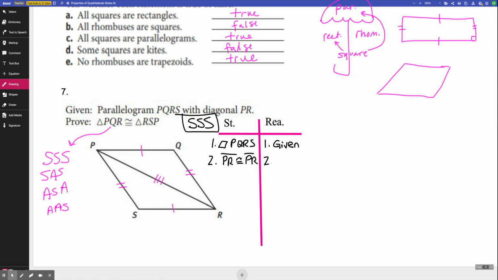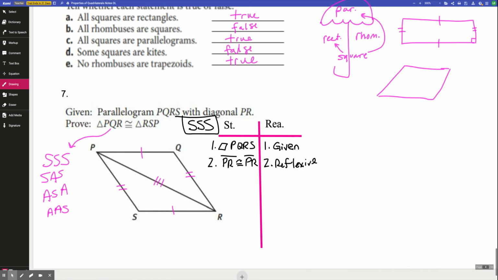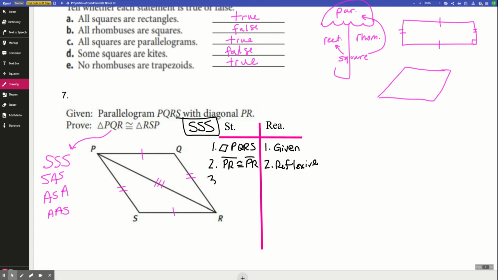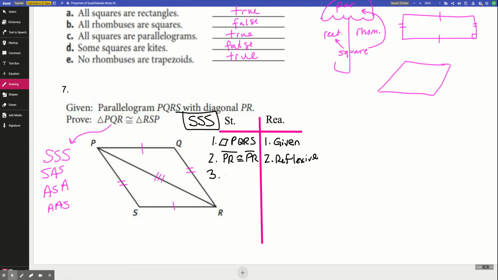Okay, remember by the reflexive property. Okay, step 3 is my other congruence marks that I have here, and I'm going to put them in one step because they have the same reason.